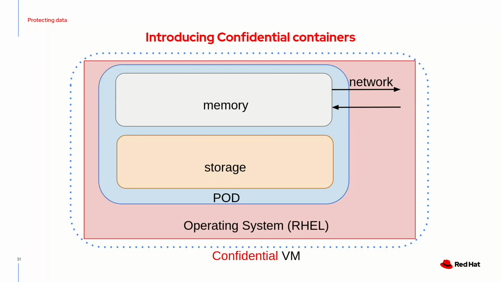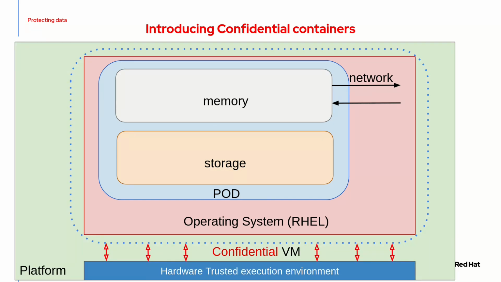The idea of confidential containers is similar to kata containers. The pod is running in a confidential virtual machine, so again a virtual machine that offers an additional level of isolation, but the confidential virtual machine is backed by a hardware trusted execution environment, which is hardware that actually enforces memory encryption.